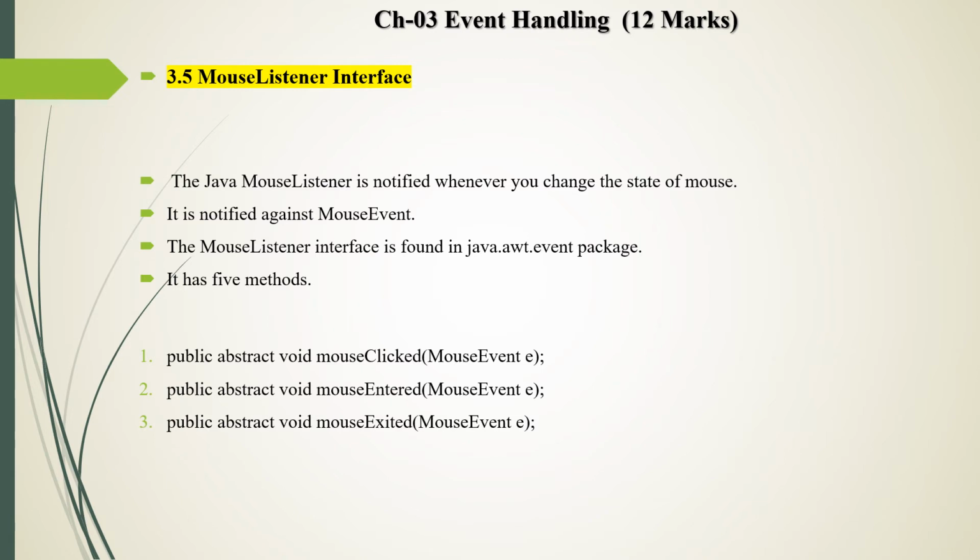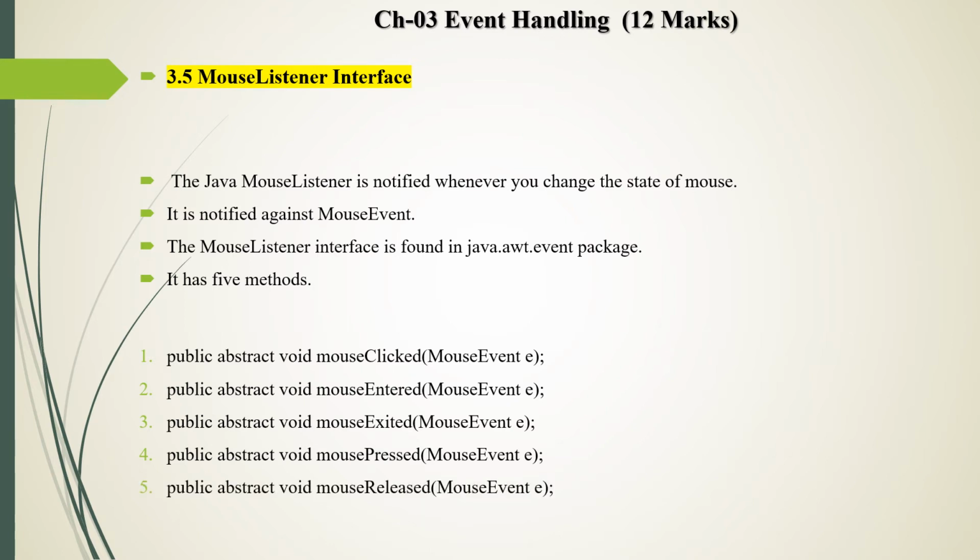Next method is void mouseExited. This method also has the same parameter, an object of MouseEvent, and also does not return any value, so the return type is void. Second last method is mousePressed, also with the same parameter and same return type, and the last method is mouseReleased.